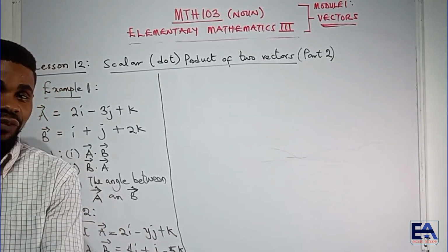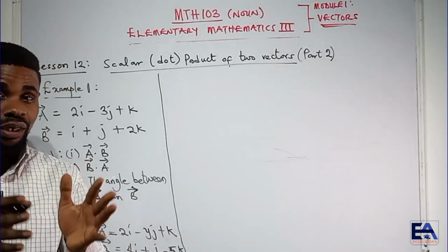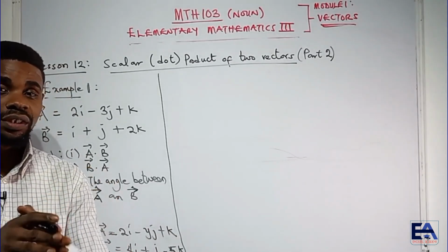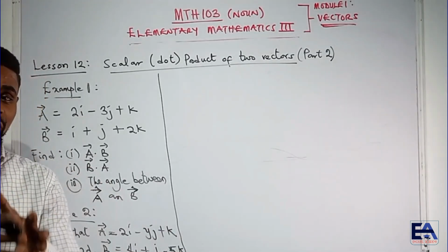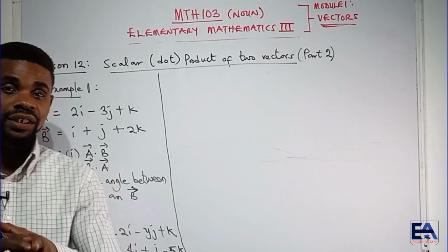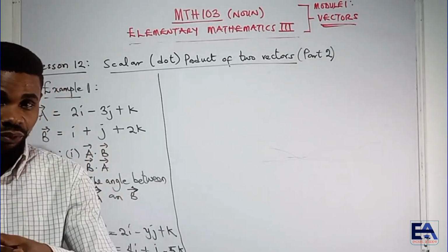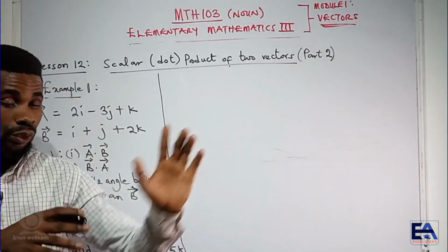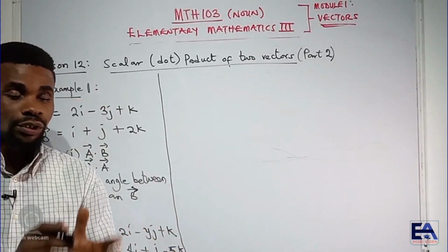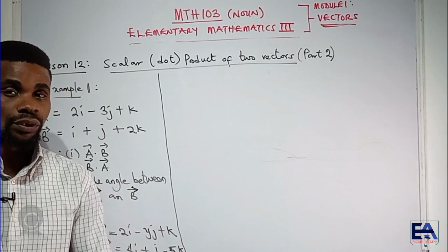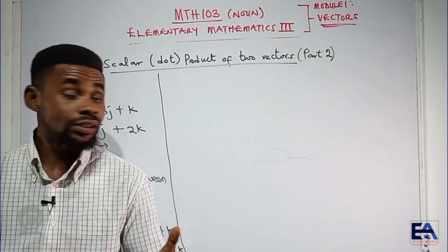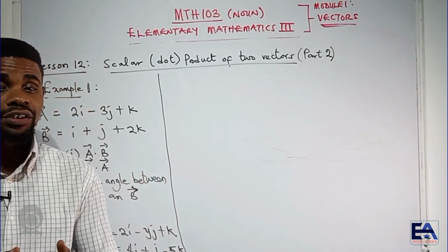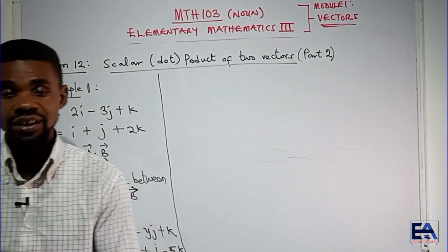Unlike its vector product, that one, when you carry out the multiplication, it will lead to another vector. So when two vectors cross each other, the end result is still a vector for cross product. That is the other one we will do after this. But for this one, the dot product is always a number, and that's the reason why they call it a dot product, or they call it a scalar product, because the result is always scalar, not a vector.